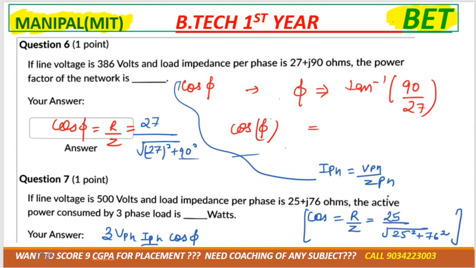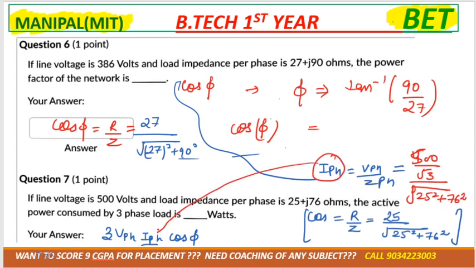We already know VPH. It's a star connection, so VL by root 3, so 500 by root 3. ZPH is the root of 25 square plus 76 square. So from here we can get IPH, right? Cos phi from here, VPH is 500 by root 3. You can substitute the values, then you will get the final active power. Got it?